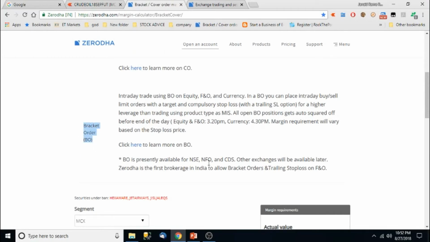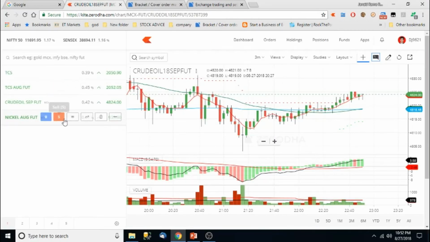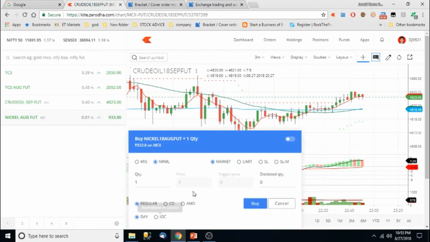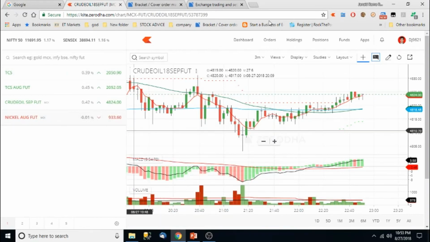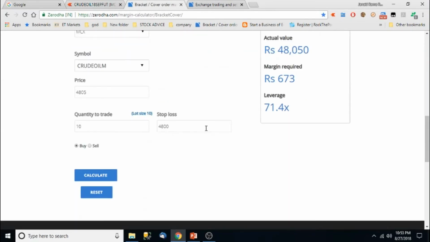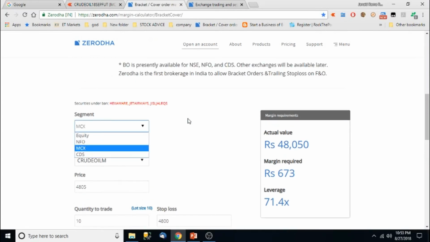We won't see any bracket order here. See, live in the market itself, if I press buy and go to more options, you can see there is a regular order, cover order and after-market order, but we can't see the bracket order, which we generally see in equity. This covers most of the leverage part.